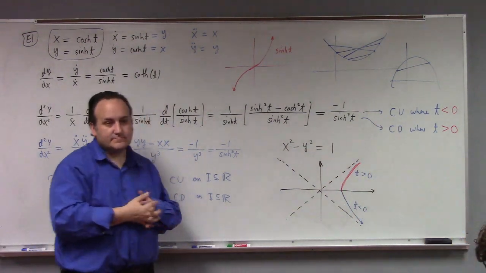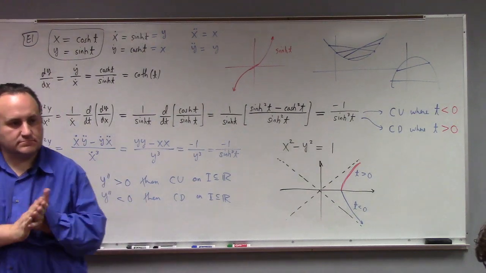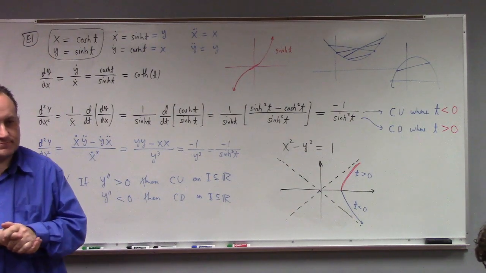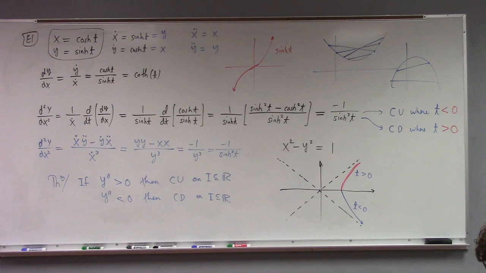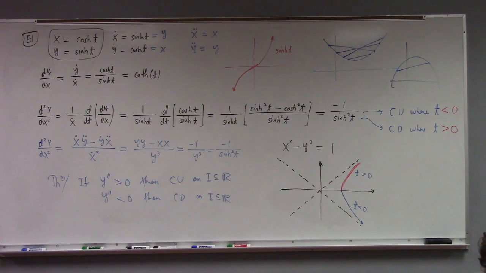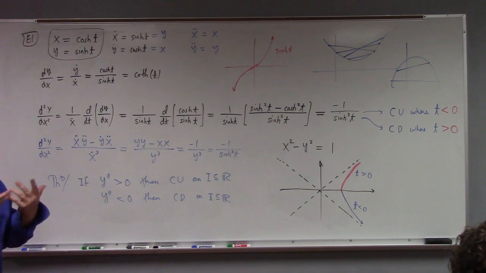Yes, sir? I think there's a question on the homework, and it was determining concavity, and it was an ellipse. Is that just like determines where the t's at, or because you're just going based off the x value, just concave up and concave down? Yeah, so you'll have the second derivative as a function of t, so then the question becomes, where is that second derivative positive, where is it negative?